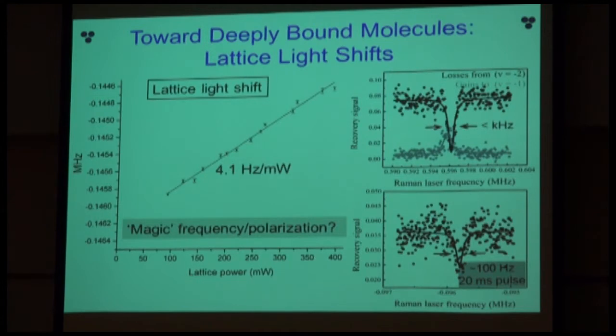So we just get differential lattice Stark shifts. We measured them, and they're about 4 hertz per milliwatt, and roughly exactly the same as what would give this line width. So we just need to do something to flatten this out, either by finding the right kind of sweet spot in frequency or in polarization. And I think it should be possible, but that requires a bit more experimenting.